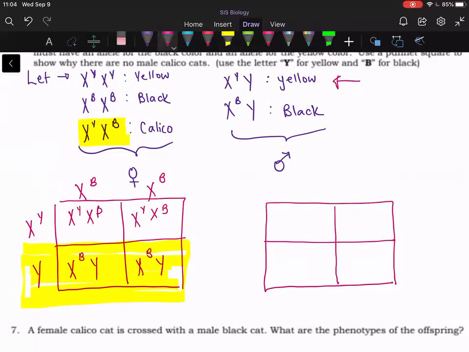Let's try a different combination. Let's do a black male with a calico female.